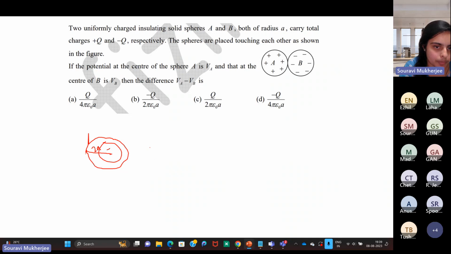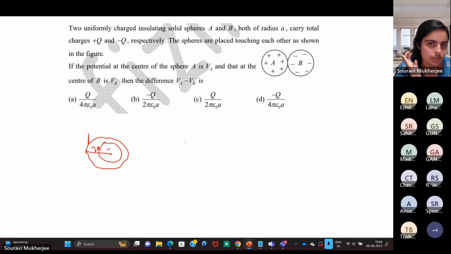It would vary as 1 by 4 pi epsilon 0 Q by R. Your electric field varies as 1 by R square, your potential goes as 1 by R. So for a sphere of total charge Q, anywhere outside the sphere, the potential would be 1 by 4 pi epsilon 0 times the total charge on the sphere, by the distance from the center of that sphere. Is it clear?